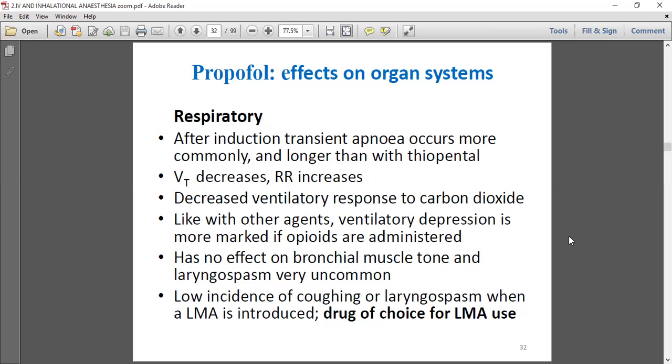Remember that QRS is for the ventricles, not the atrium. I don't know why they put it here, but in the end it also affects respiration.